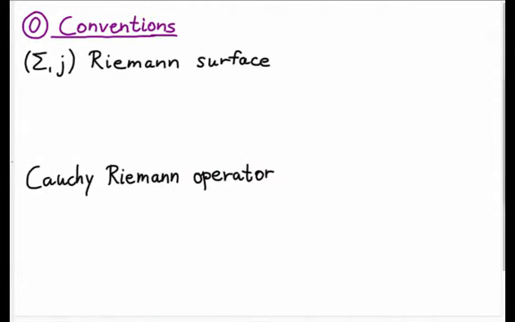Okay. So before we can talk about pseudoholomorphic curves, which give us a lot more structure to study on symplectic manifolds, we need to think about the simplest example of pseudoholomorphic curves, namely curves in algebraic geometry, which for us are two-dimensional surfaces.